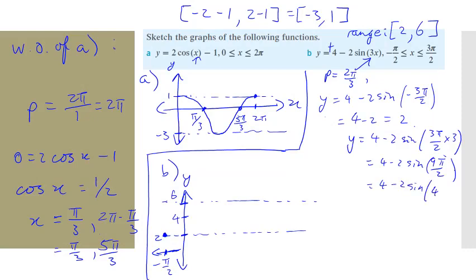If it helps, that's the same as 4 pi plus pi over 2. If it goes through 4 pi, what happens? It goes back to the start, right? So that means we have sine of pi on 2, so that's 4 minus 2 again, because that's a 1, so then you get a 2.